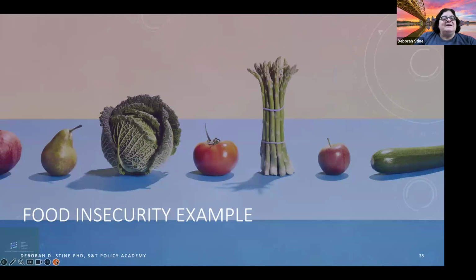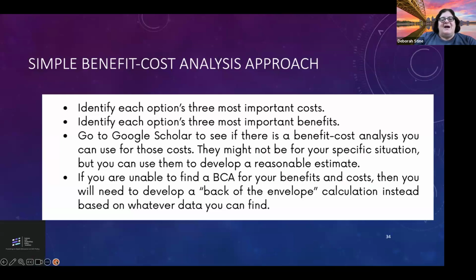So that's an overview of how it's done formally by economists. Here's how somebody like myself, who's not an economist but is a policy analyst, does benefit cost analysis. The first thing I'm going to do is identify each option's 3 most important costs and 3 most important benefits, and I'm going to go to Google Scholar and see if there is any benefit cost analysis that I can find.